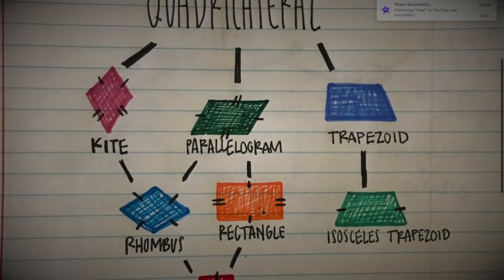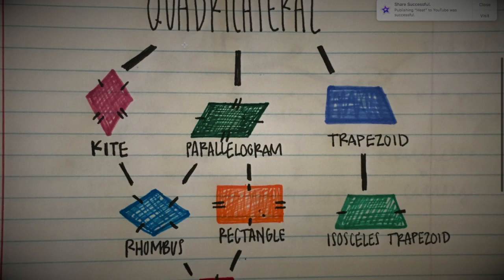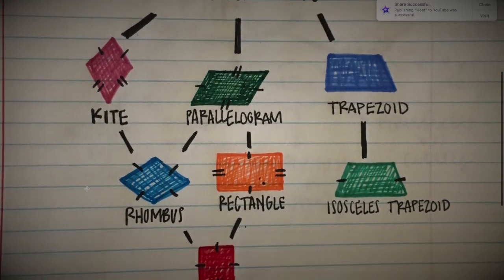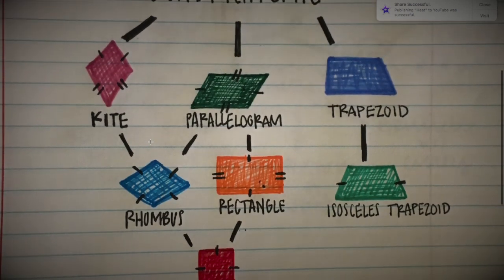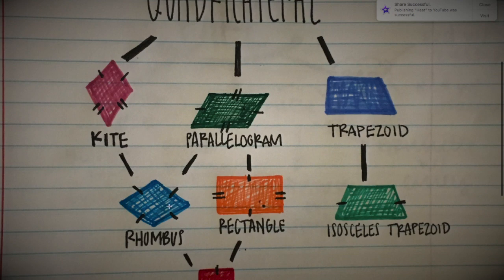Alright, so those are our three categories right under quadrilateral, but we can get even more specific. So underneath our kite and parallelogram, we have our rhombus. So our rhombus meets the classifications or the details of being a quadrilateral. It has four sides and four angles, as you can see here.